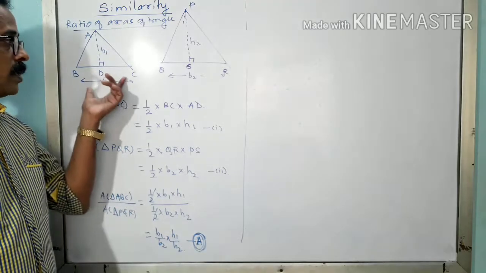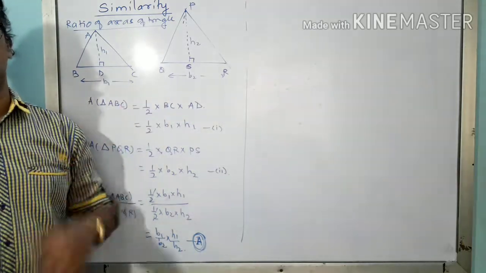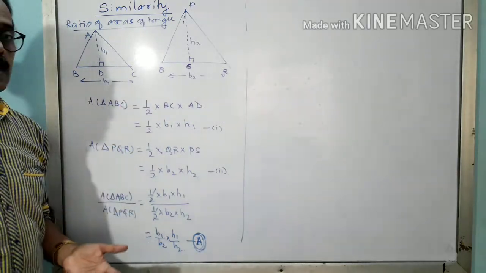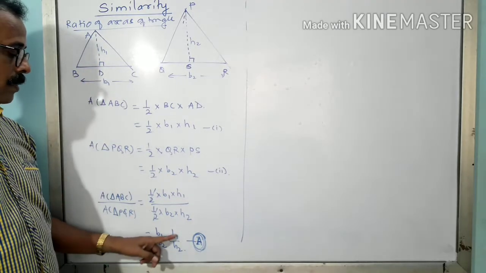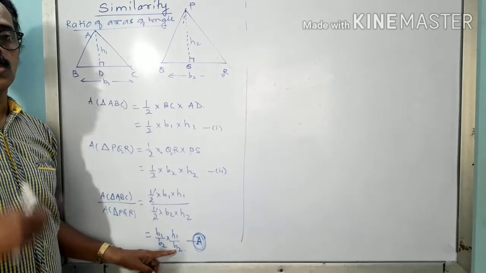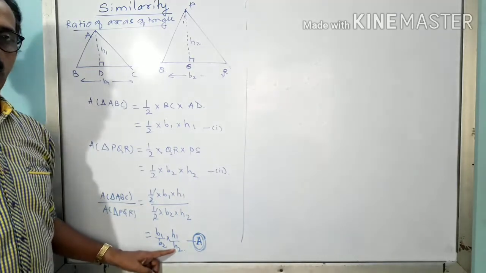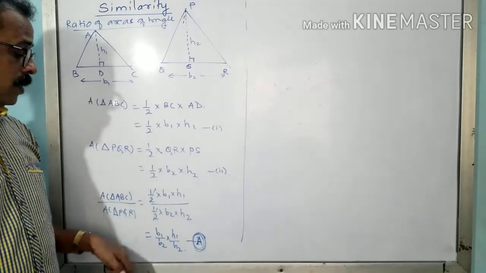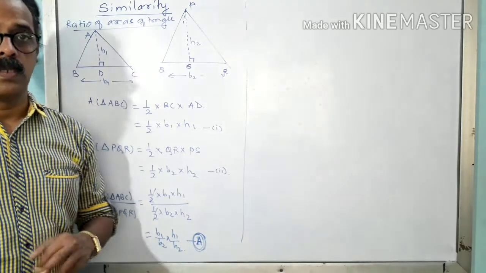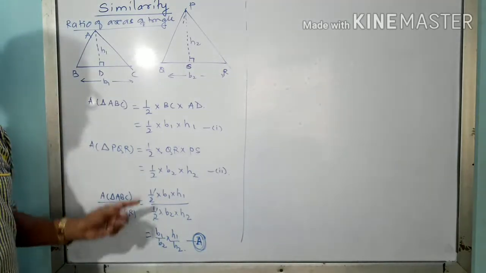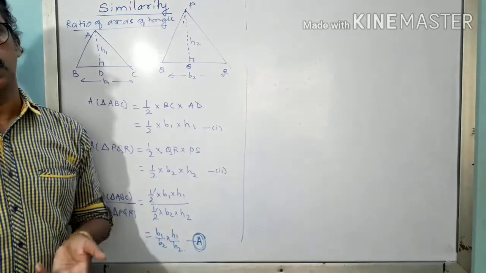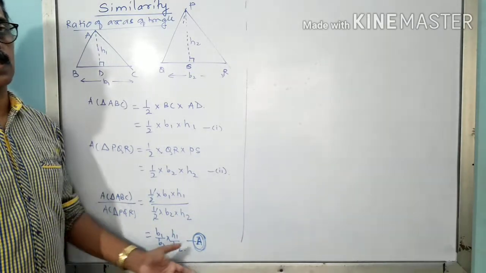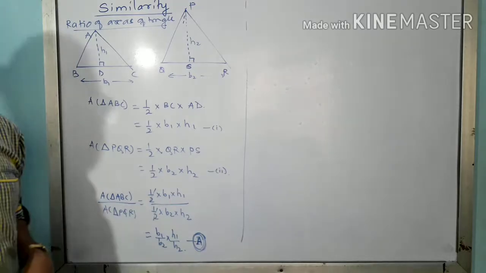But suppose the two bases are equal, b1 equals b2. Again the ratio of areas becomes, with b1 and b2 cancelled, h1 upon h2, the ratio of their corresponding heights. But if b1 and b2, and h1 and h2 both are equal, the two areas of the triangles must be the same, because the ratio of them will be 1, and hence the area of one triangle is equal to the area of the second triangle.